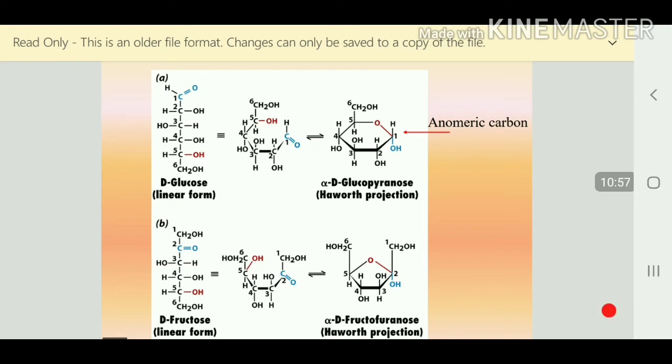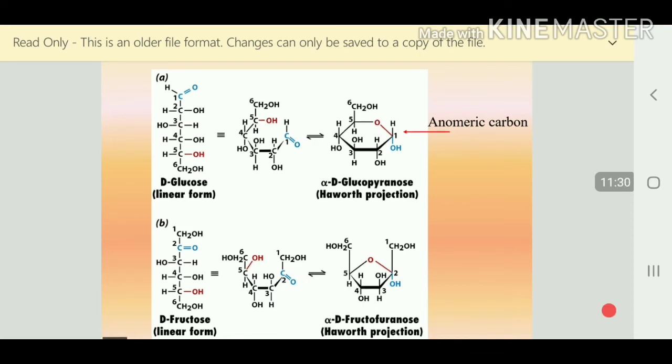So when this hydroxyl group of the 5th carbon reacts with the C double bond O group of the 1st carbon, then a ring structure is formed, which is called glucopyranose. It is a 6-membered ring structure having 5 of its members as carbon atoms and 1 oxygen as its member of the 6-membered ring. So this is glucopyranose.